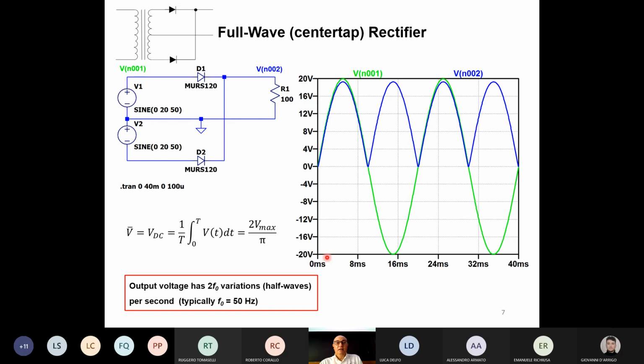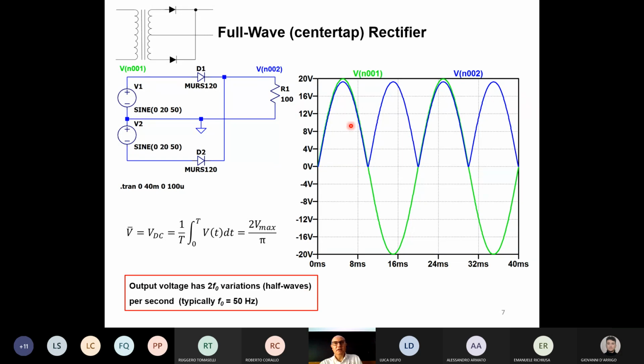Okay. The other thing to consider is that now this output voltage has a variation with a frequency which is 2 times F0, the network frequency. So the variation of this output voltage is 100 Hertz. Before it was 50 Hertz, now it is 100 Hertz, because 2 times F0, the net frequency.